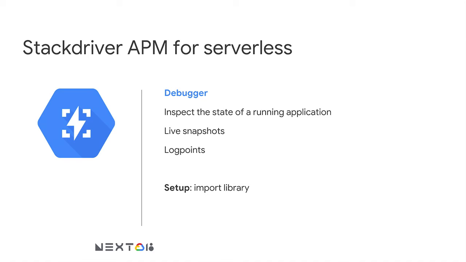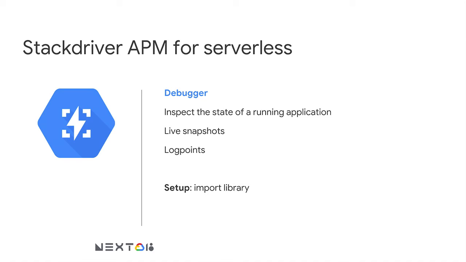Under the hood, we are using the exact same technology as for snapshots: every time the code executes at that point, we snapshot the state and print a log entry into your logs. So you can dynamically add a log statement to your code without redeploying.